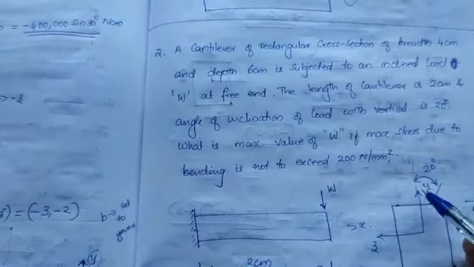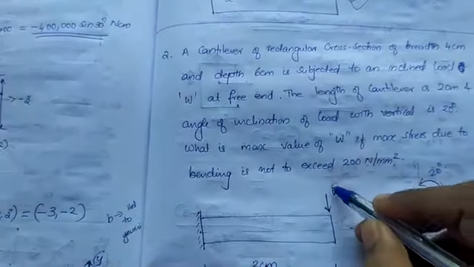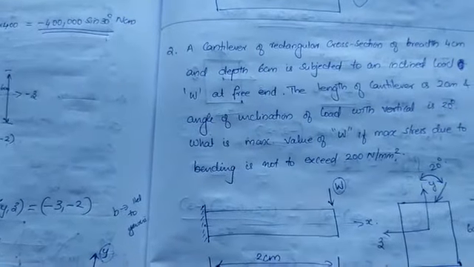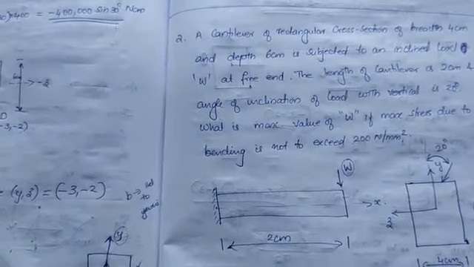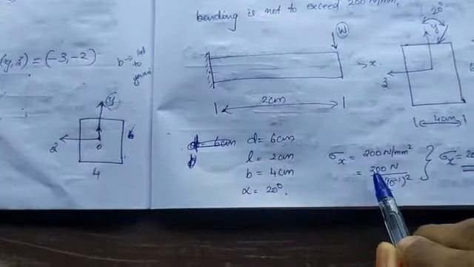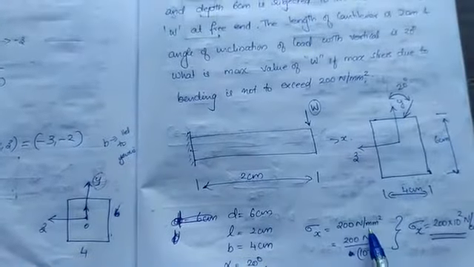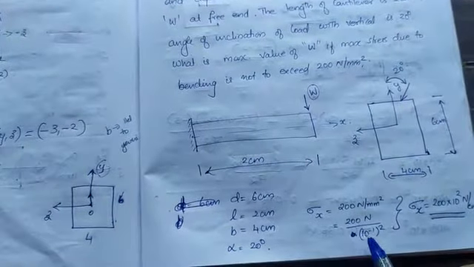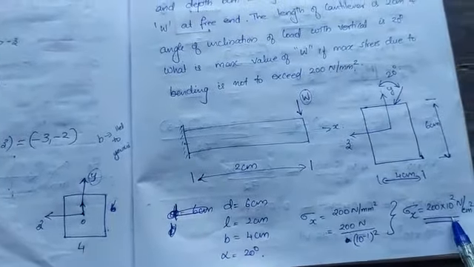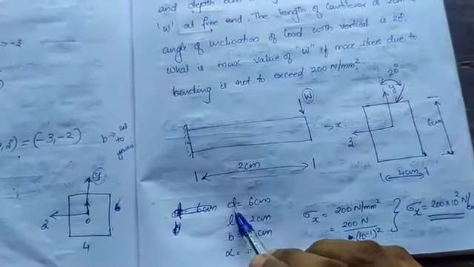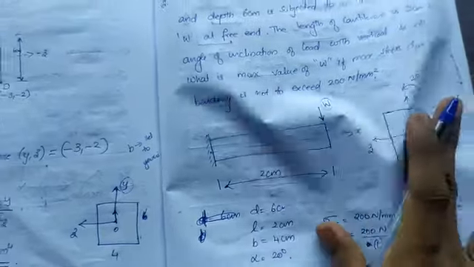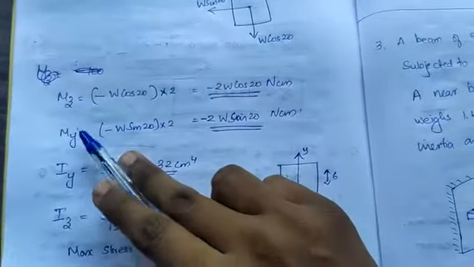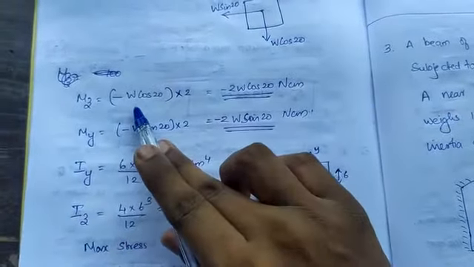Here they haven't given the load, so W is unknown; they have given sigma x, and the rest is all similar. So sigma x is 200 Newton per mm square, which we are converting into centimeter square. The depth, length, breadth and inclination angle are given. Similarly we will find Mz and My in terms of W.